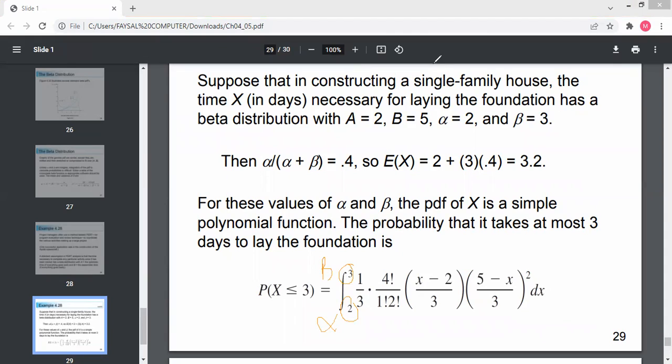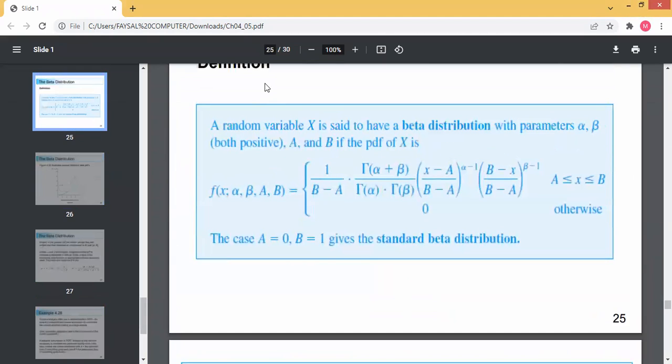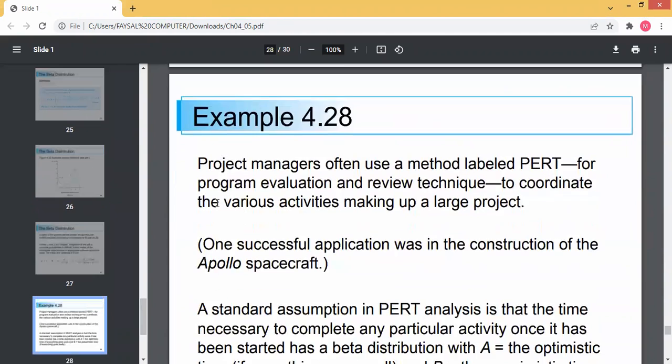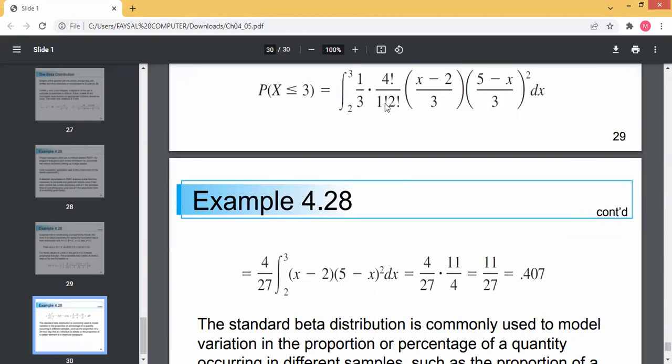I am applying this beta formula, and by applying it I find the values of my probability across the interval. So it will be 4 divided by 27 into x minus 2, into 5 minus x whole square, dx.